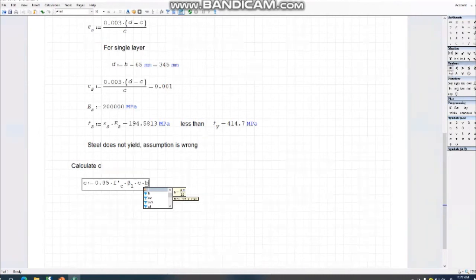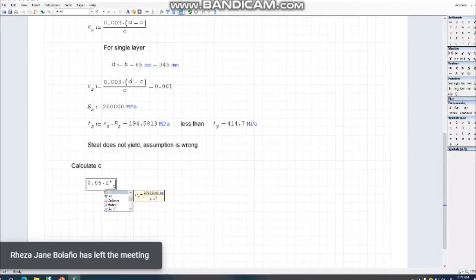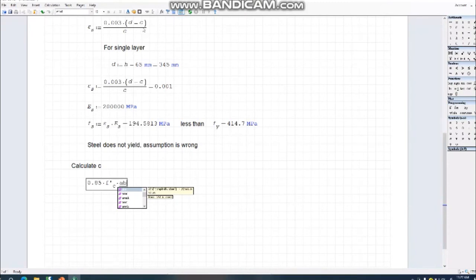Is equivalent to... okay. Let me just type the equation so it's equivalent to 0.85 times Fc prime. Usually our equation is 0.85 Fc prime A times B is equivalent to As times Fs.